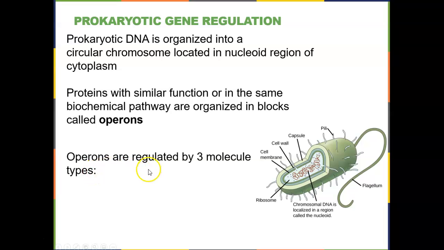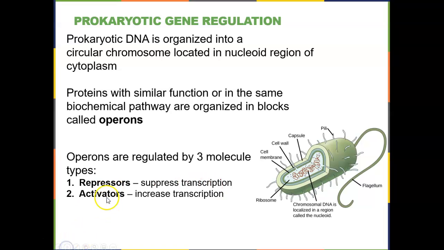So the operons are regulated by three molecule types. There are repressors. They can suppress transcription or turn it off. There are activators, which can increase transcription or turn it on and make it go faster.